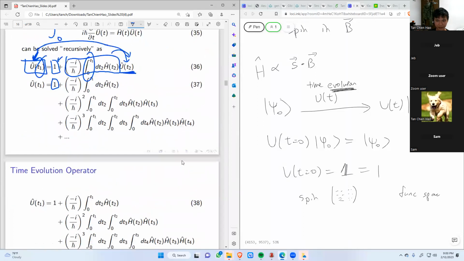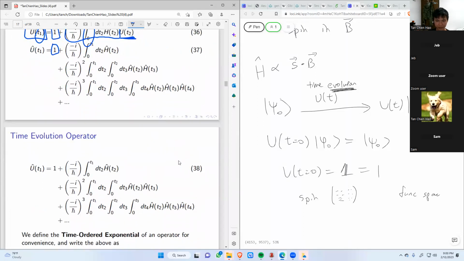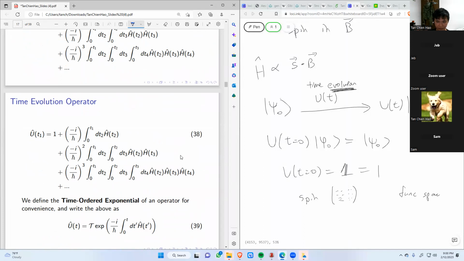This is later known as a time-ordered product, which I'll show later. So if I simplify that down, this is the expression for the time evolution operator.